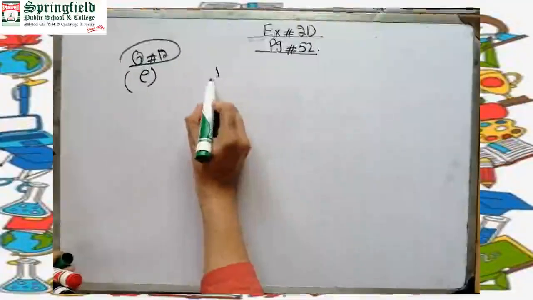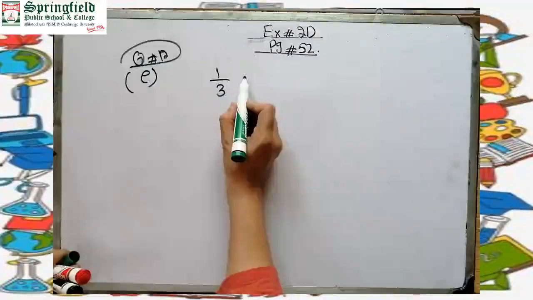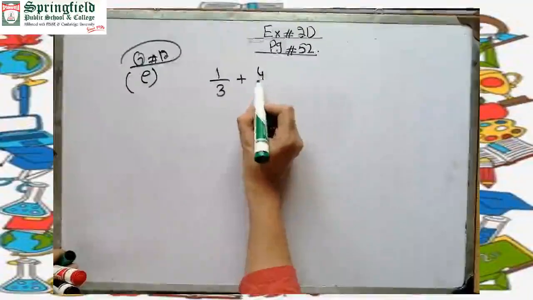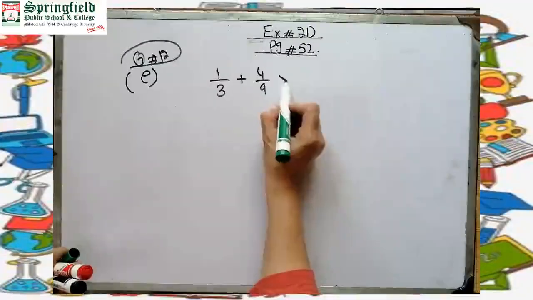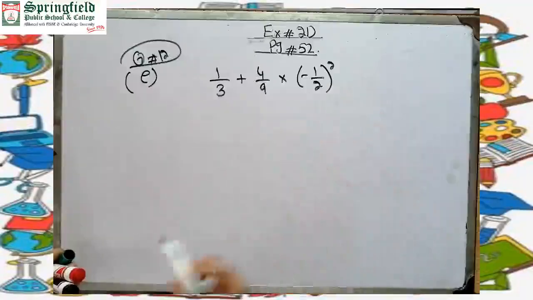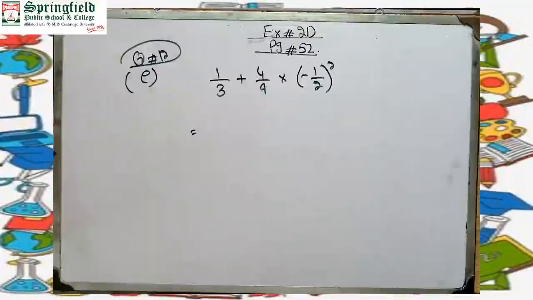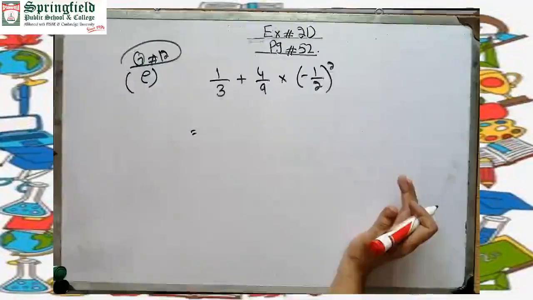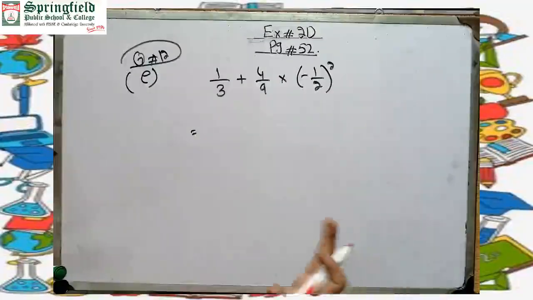1 by 3 plus 4 by 9 multiply minus 1 by 2 whole square. Okay, beta. As we know, in this type of situation, when any expression has more than one operation, keep in mind that first we will solve the bracket.